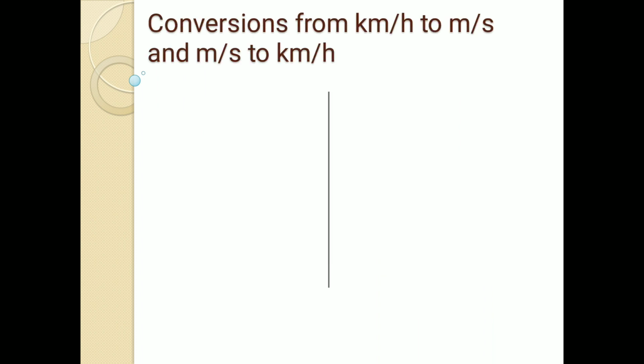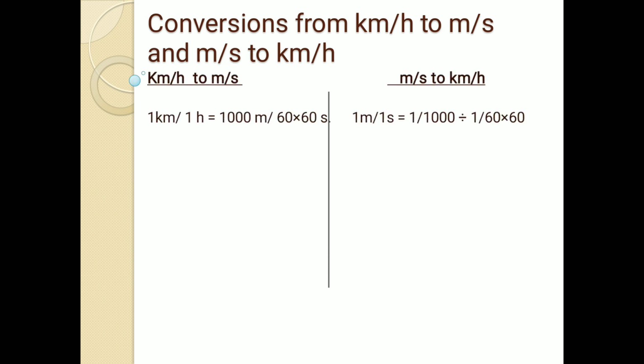Before starting the problems, you should also remember this conversion. You have to know how to convert kilometer per hour to meter per second and meter per second to kilometer per hour. Listen carefully. First, kilometer per hour and meter per second, and vice versa. 1 kilometer is equal to how many meters? 1000 meters.